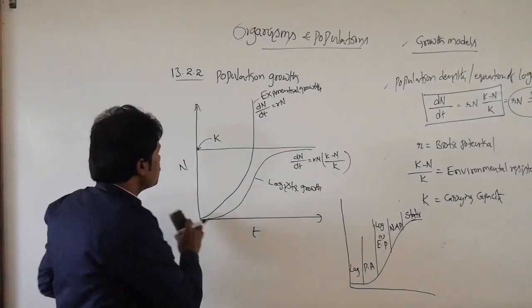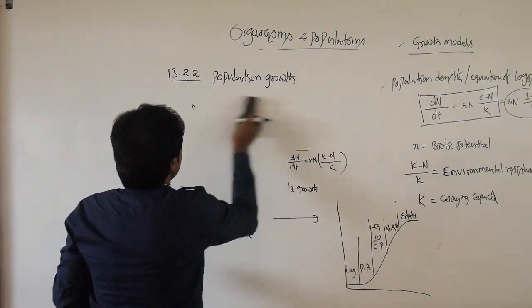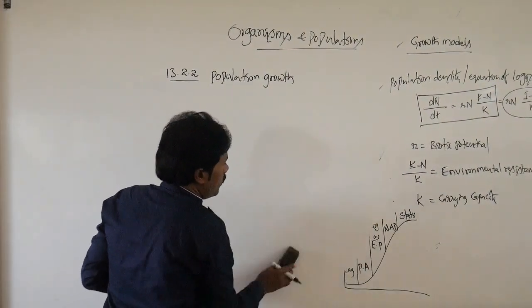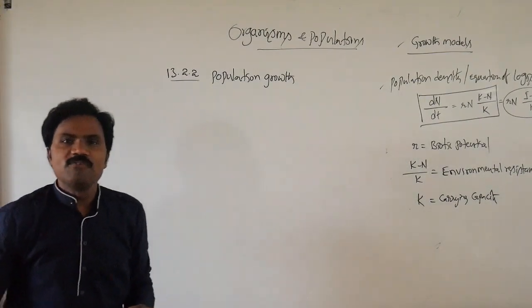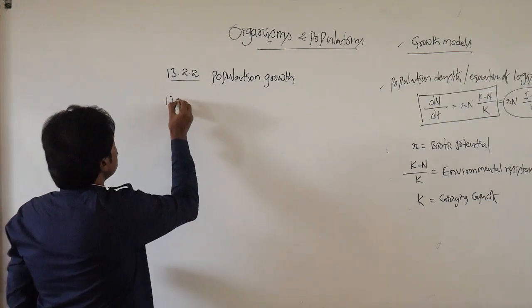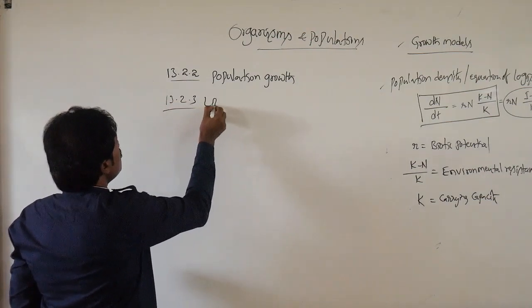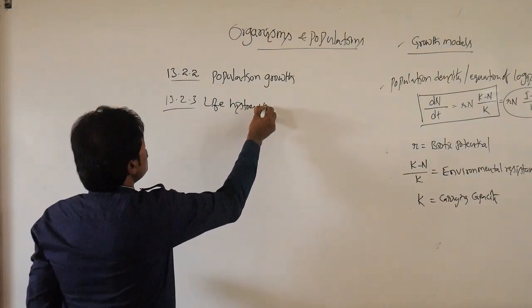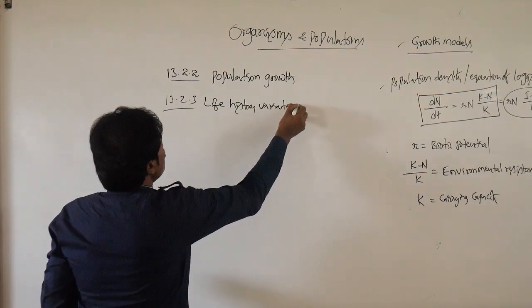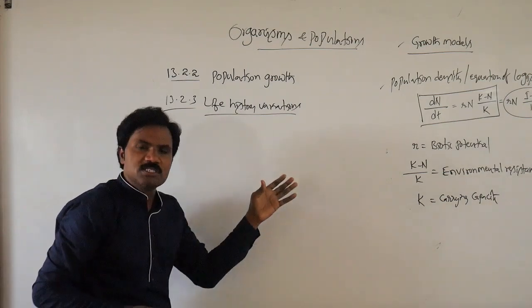Then, continuation, related to life history variations. In a population, what type of life history variations are present?